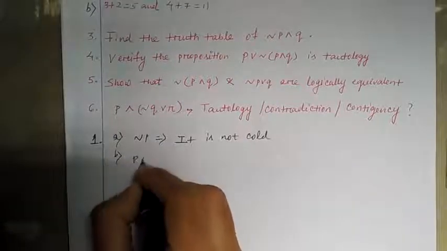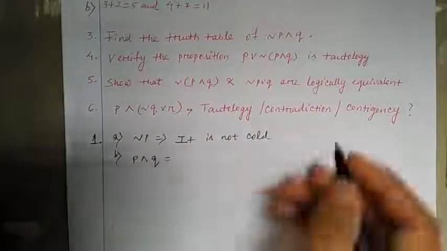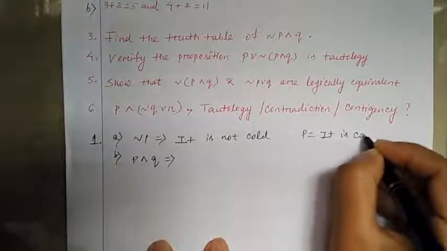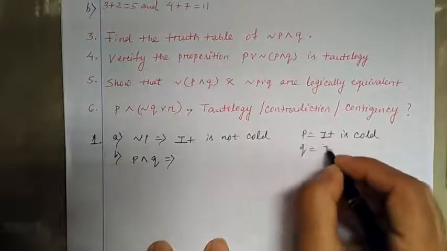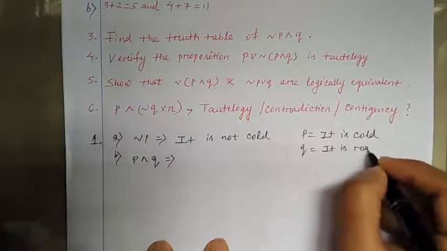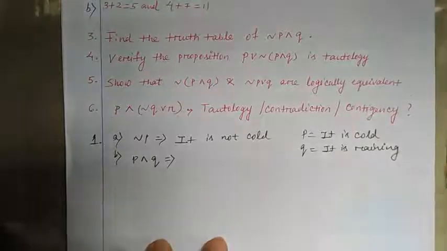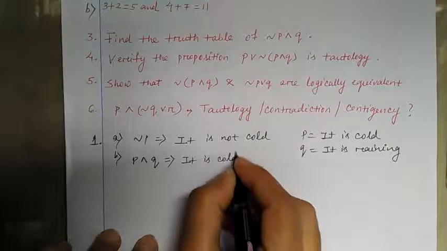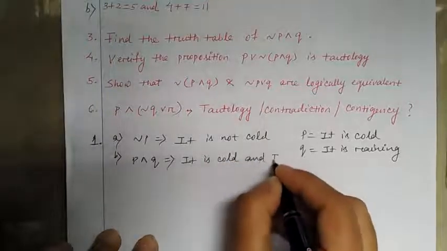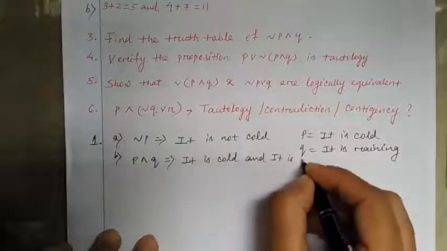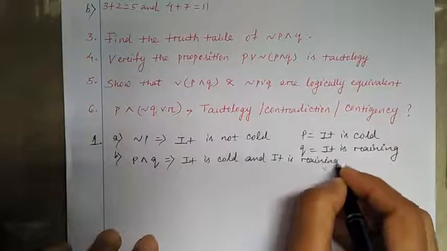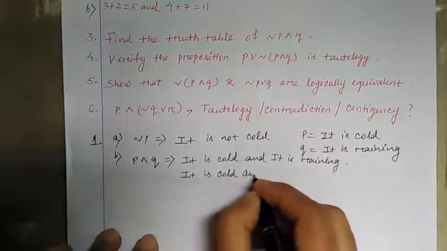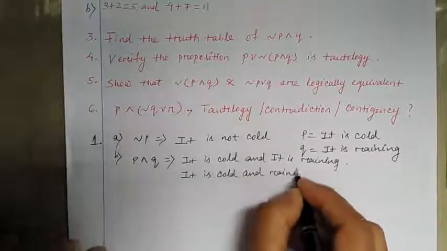Then next is P and Q. So what is P? P is it is cold, and Q is it is raining. So when you are writing P and Q, it will be it is cold and it is raining, or you can write it as it is cold and raining, right?